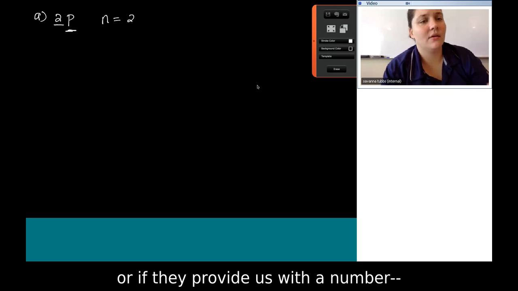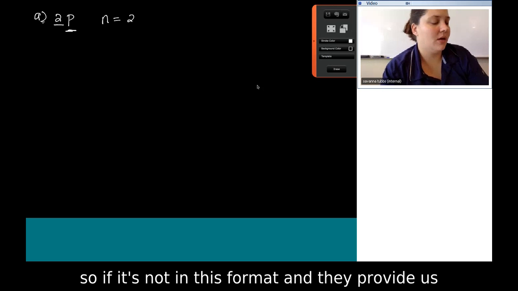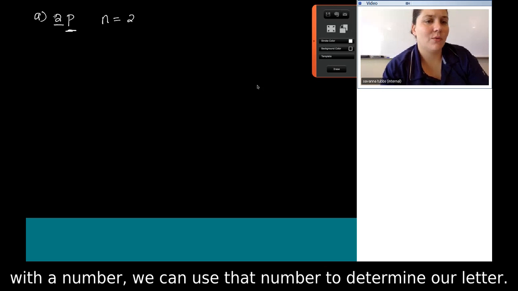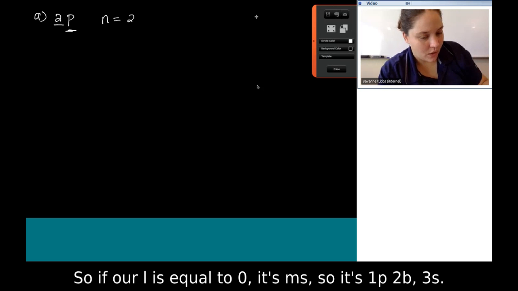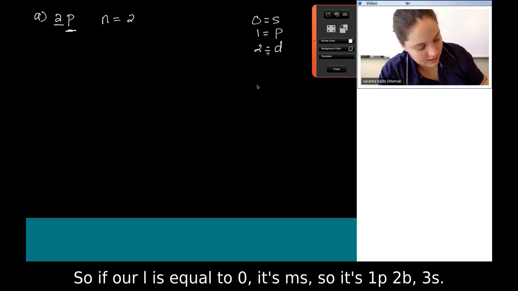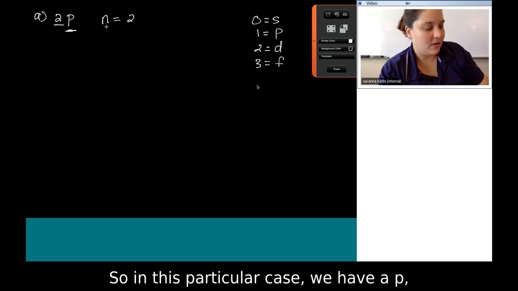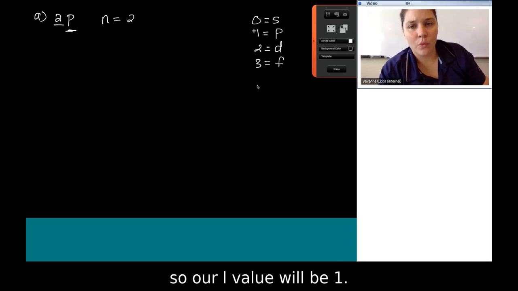Or if they provide us with a number, so if it's not in this format and they provide us with a number, we can use that number to determine our letter. So if our L is equal to 0, it's an S. That's 1, P, 2, D, 3, F. So in this particular case, we have a P. So our L value will be 1.